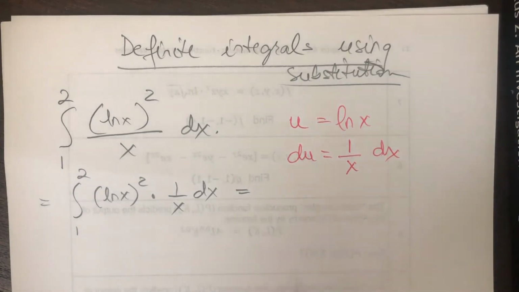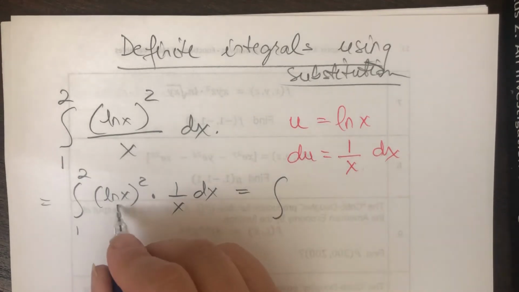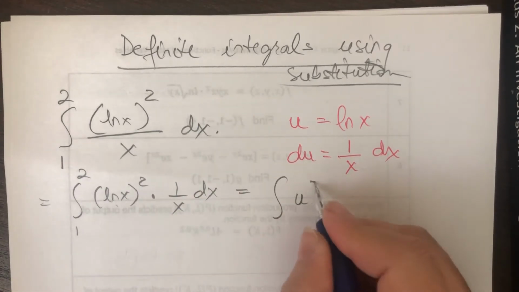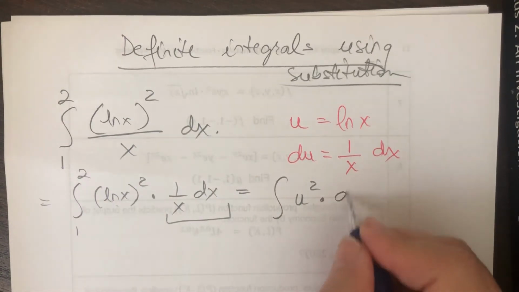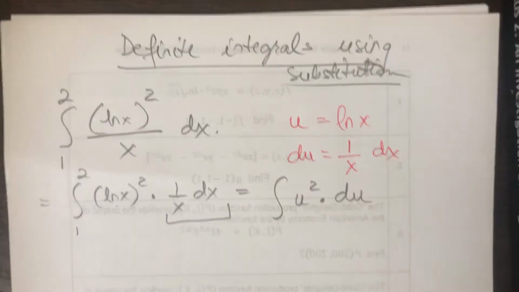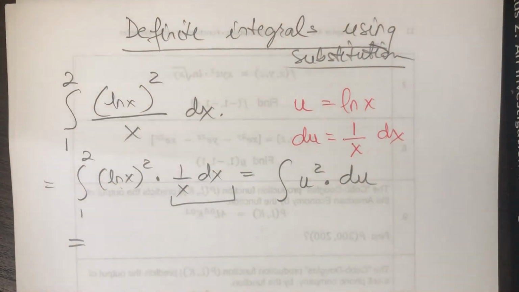There it is. So substituting these, it's going to be what? u squared times 1 over x dx is just a du. Okay. I kind of left off those limits of integration because we are just concentrating on finding that antiderivative first, right?